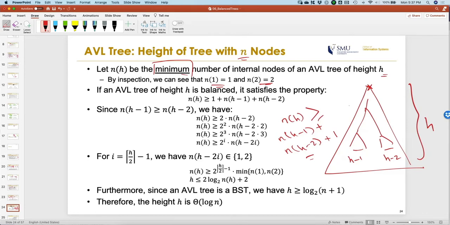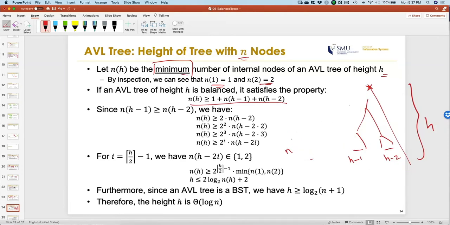In either case, they're going to be more than this minimum. Okay, that takes us to this point. Now we're going to go on to the next part of it.